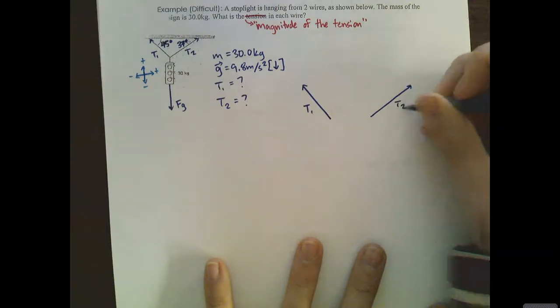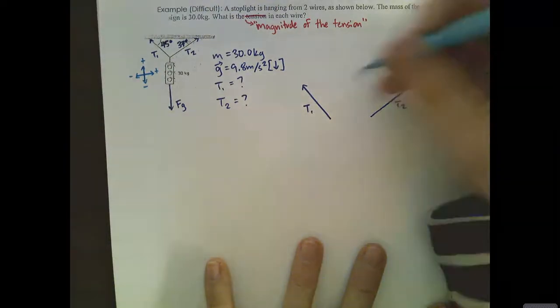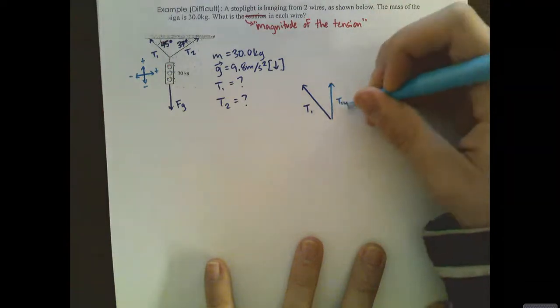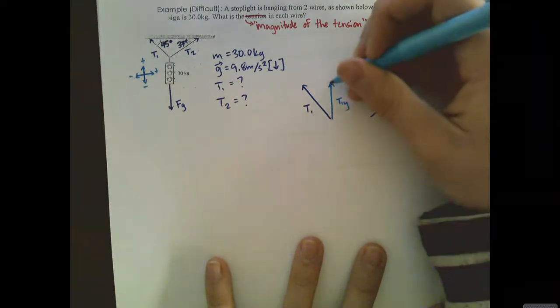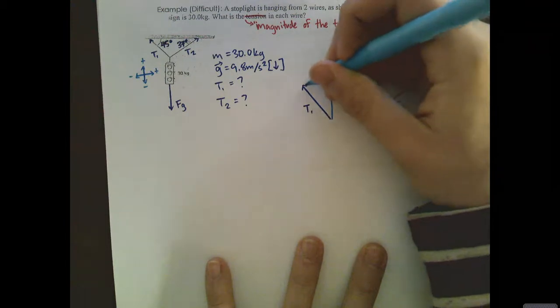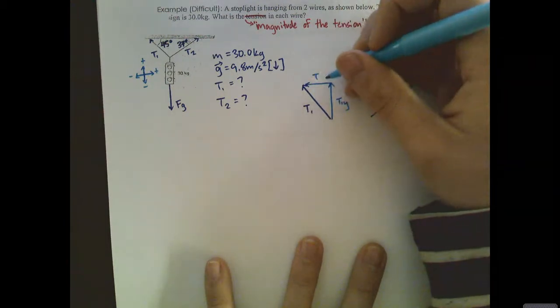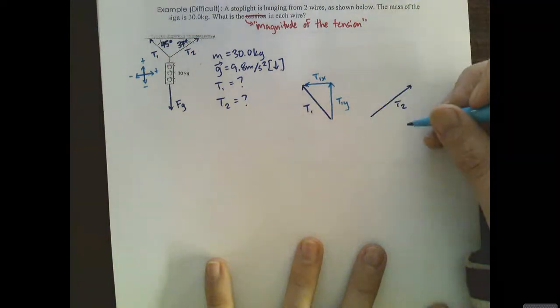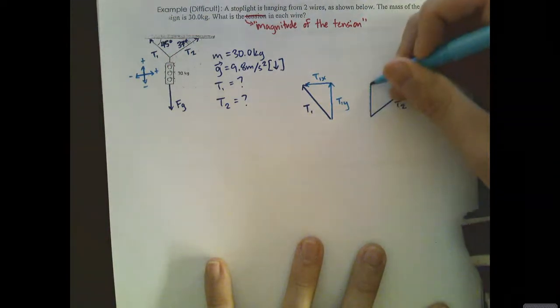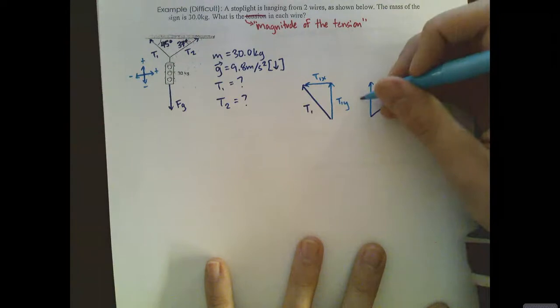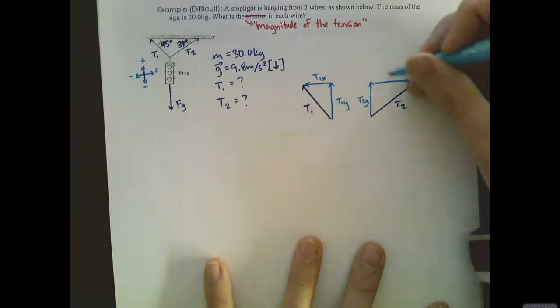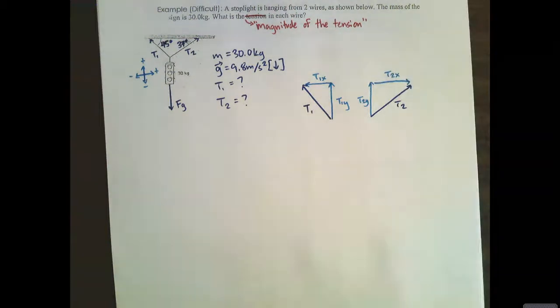This is T2. And we've got T1Y, right, in the Y direction. Remember, always tip to tail, so going from where it starts to where it ends. This is T1X. And this is going to be T2Y and T2X.